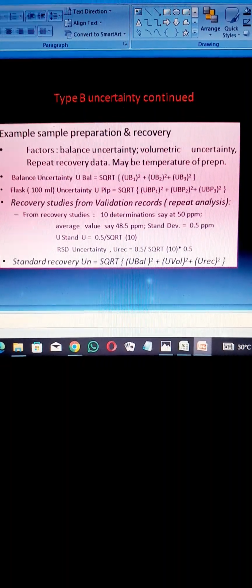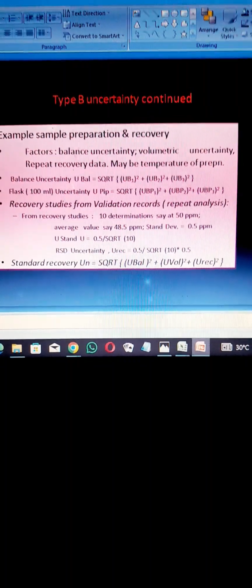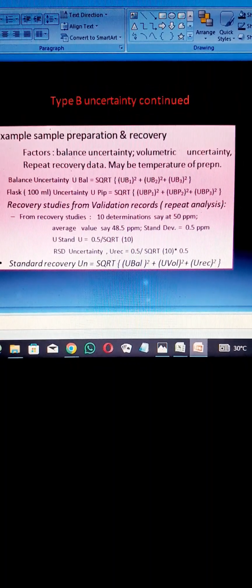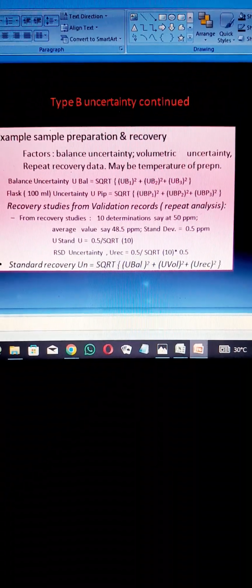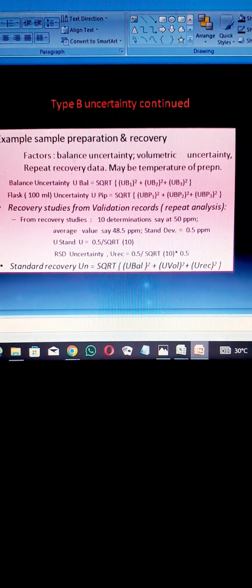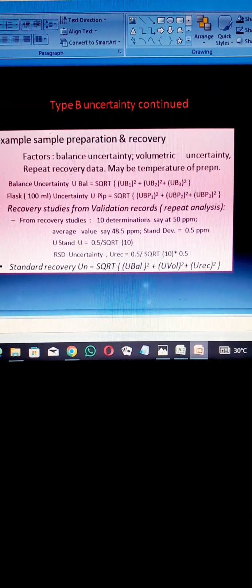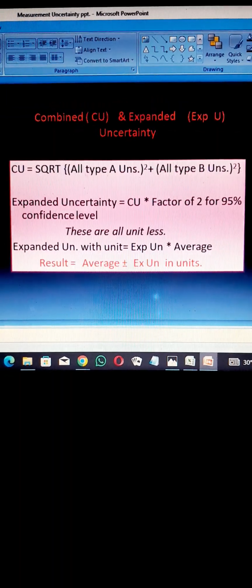Let us say it is 48.5 ppm, and its standard deviation we have found by calculation is 0.5 ppm. So standard uncertainty is 0.5 by square root of 10, and its relative standard uncertainty is 0.5 by square root of 10 into 0.5, and by putting in the formula we calculate the standard recovery.